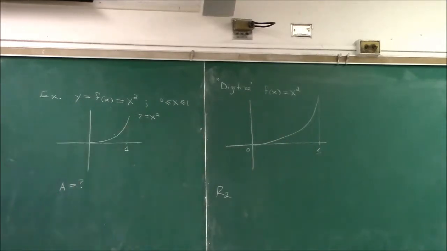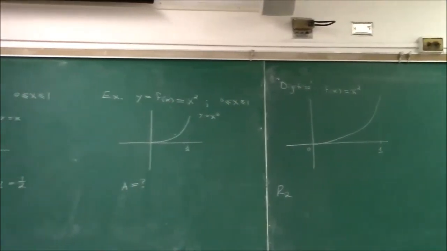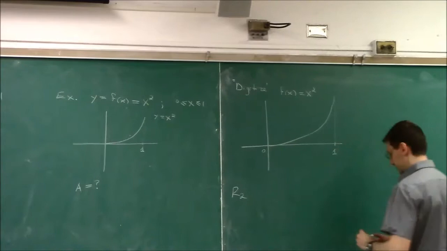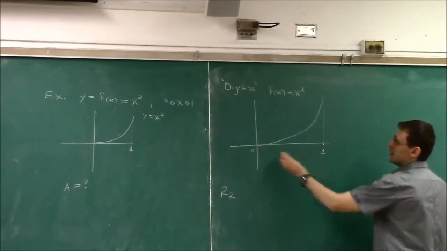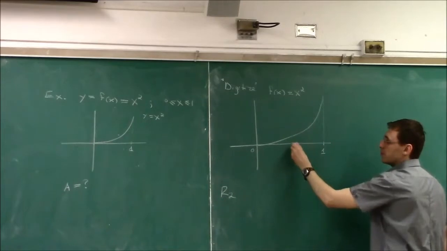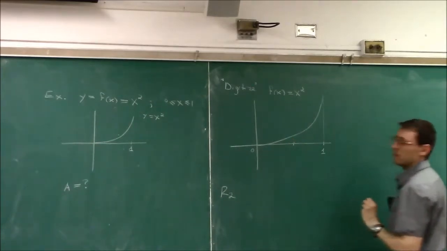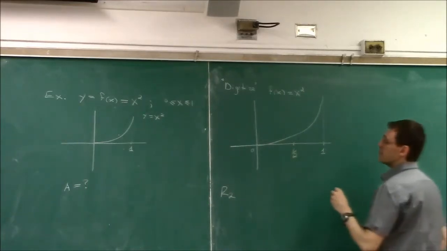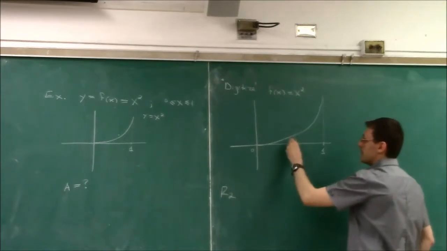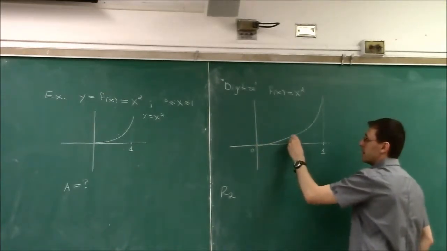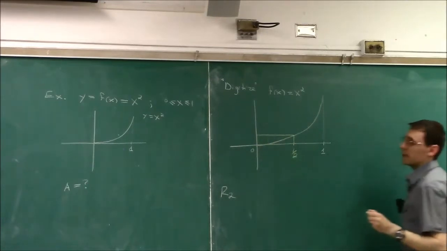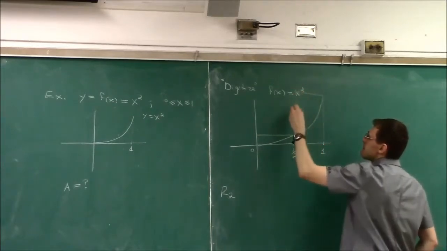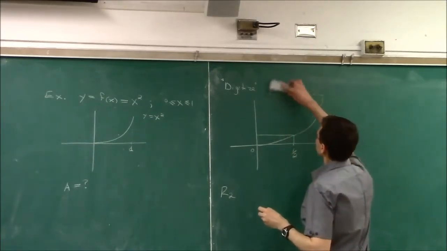What we do with that is we take the base and subdivide it into two equal intervals. So this point here is 1/2, correct? And then what we do, this is using right-hand approximation, at the point 1/2, we erect the first rectangle. And at the point 1, we erect the second rectangle.